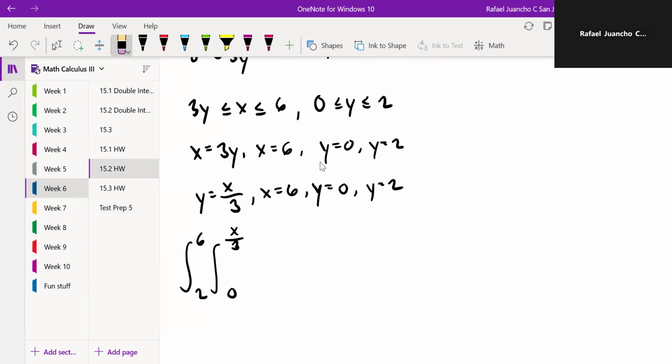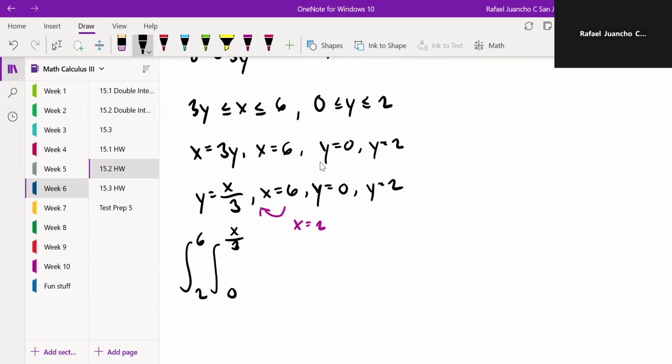Wait a minute. Oh, and then after I get this, I plug in 6 here and then I get 2. Right? So when I plug in something there, I get x equals 2.